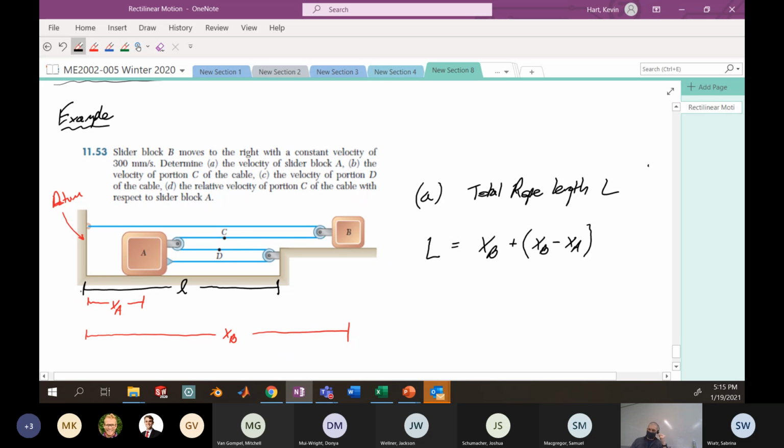And so let's let that distance between those two walls be a constant value L. If we can keep things in terms of constants, we know when we take the derivative later to get velocity relationships that that's just going to turn into a zero, right?